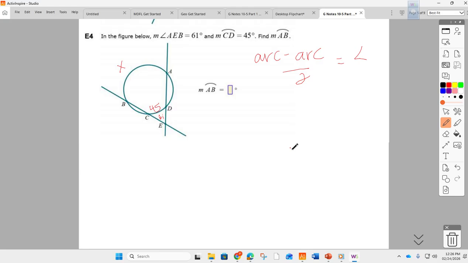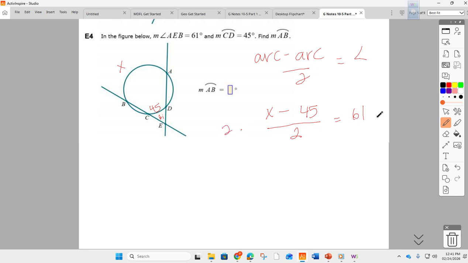Right? So that's the first arc is our unknown. The second arc was given. We're plugging into the formula. And the angle was given. Okay? And now we just solve for x. So anytime we've got two terms in the top and a number on the bottom, we're just going to multiply by that number.